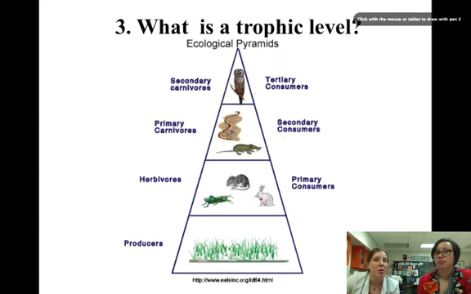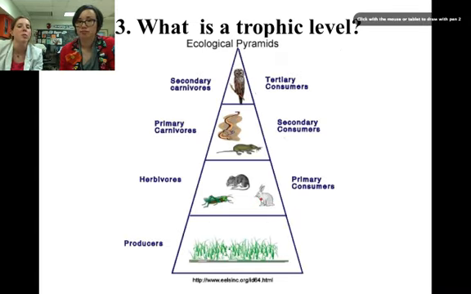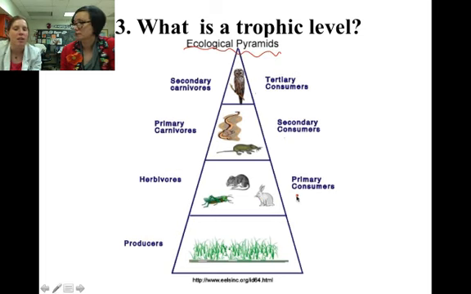So we can also illustrate our trophic levels using what's called an ecological pyramid. So again, we see the same idea that we saw before, which is that the producers are the first level on the bottom, and then it goes primary consumer, secondary consumer, tertiary consumer. But I noticed that the sections on my pyramid are getting smaller and smaller towards the top.